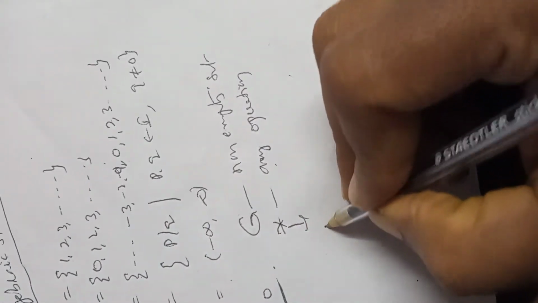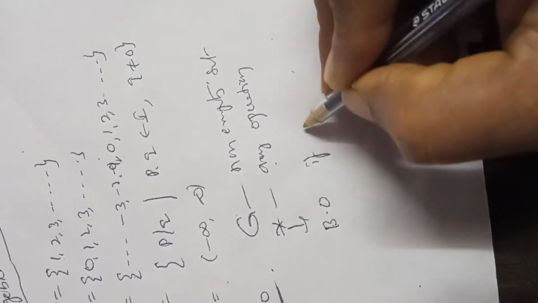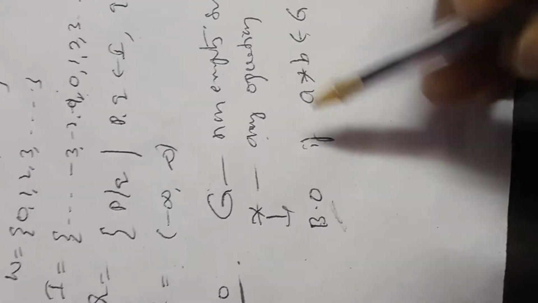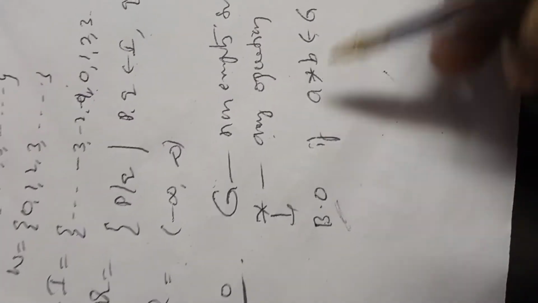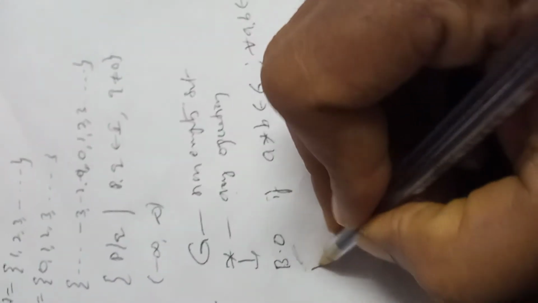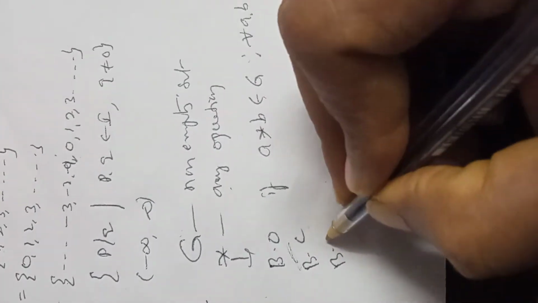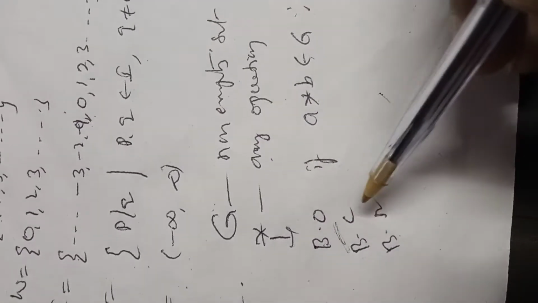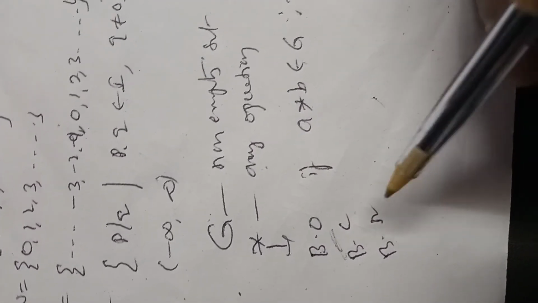This star is said to be a binary operation if a star b belongs to G for all a, b belonging to G. If this condition is satisfied, then the given operation is said to be a binary operation, or you can say binary composition, or binary relation.